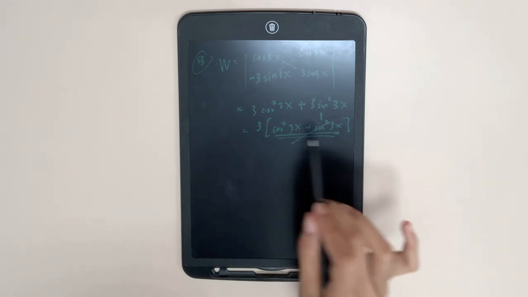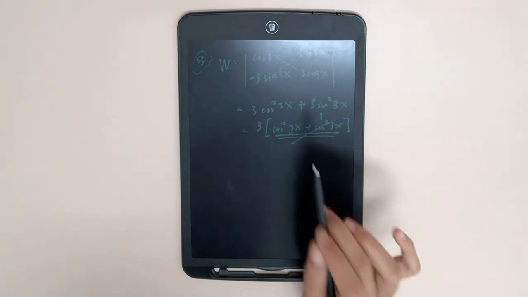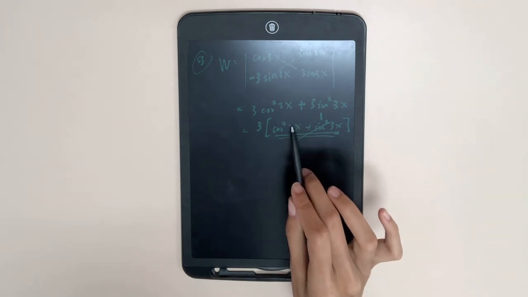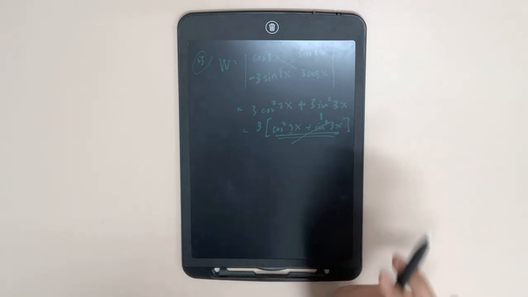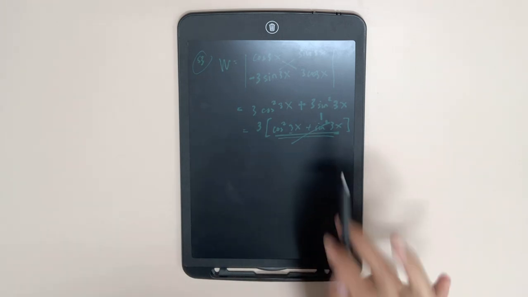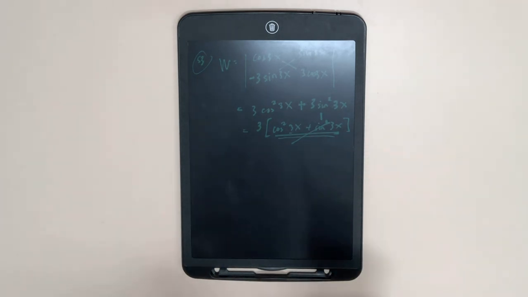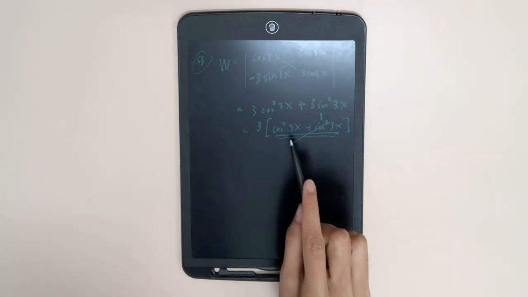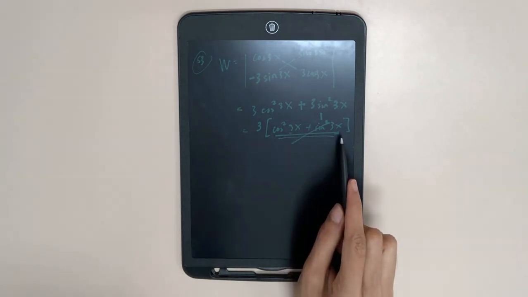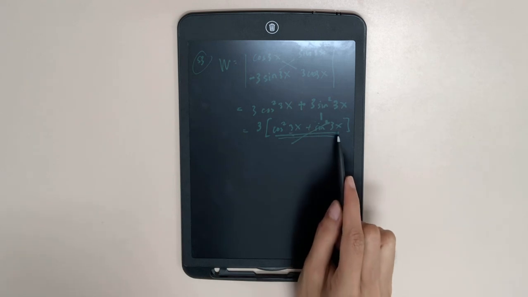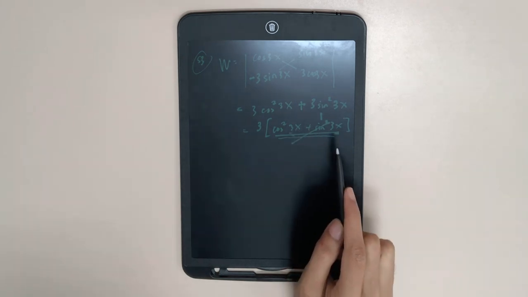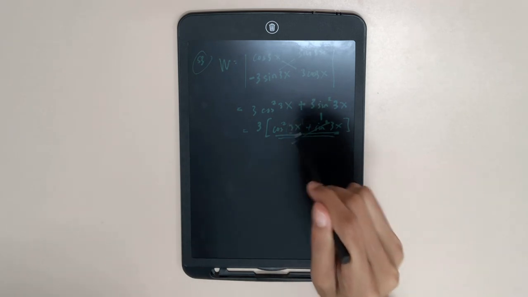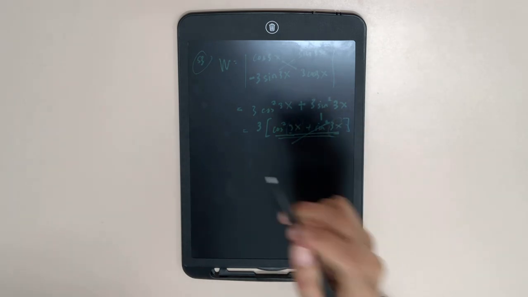If here is only x, but here is 3x, it's not equal, so we cannot equate it to 1. A trigonometry identity must match. If here is 3x, here must be 3x. If here is 2x, here also must be 2x. If here is x, here also must be x. So it's 3x and 3x, therefore it's equal to 1.